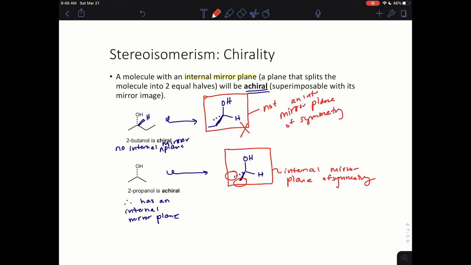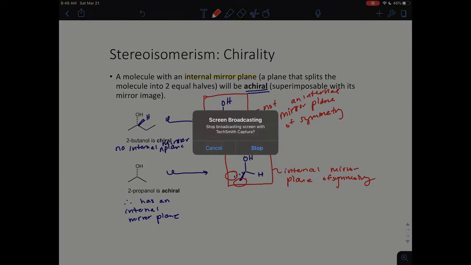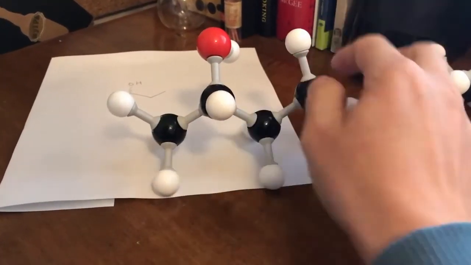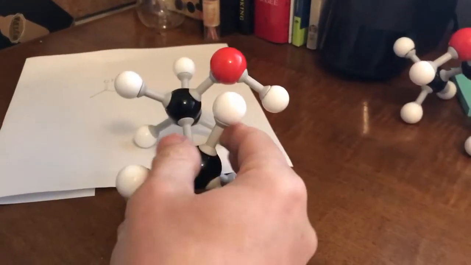And you can hopefully see why that is. It's not a mirror plane of symmetry because you have methyl in the back trying to reflect ethyl coming out at us. So this is not a mirror plane of symmetry, and therefore 2-butanol is chiral. It will not be superimposable with its mirror image. In other words, it has an enantiomer. Now we're going to rotate. So there we go.